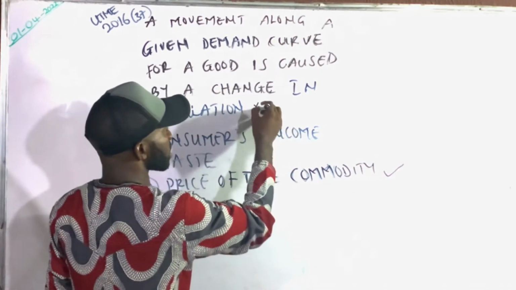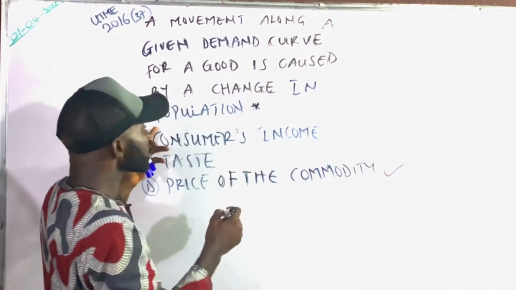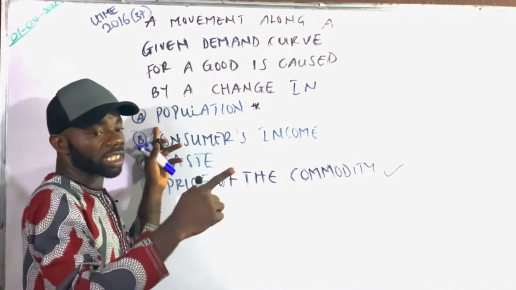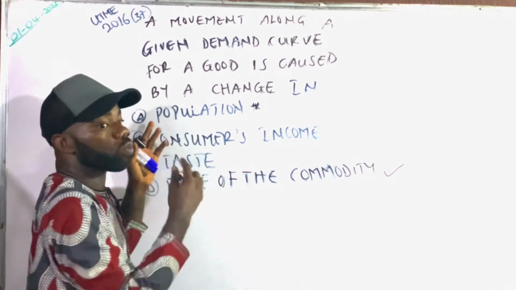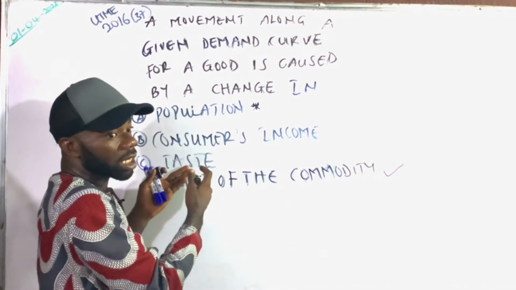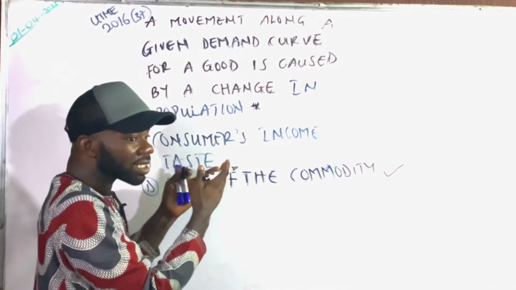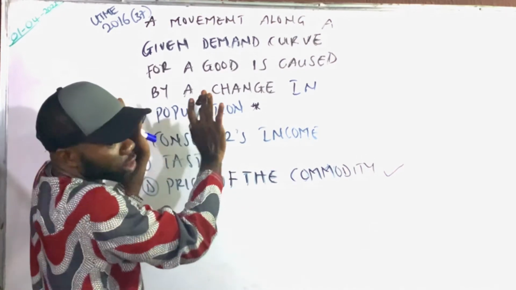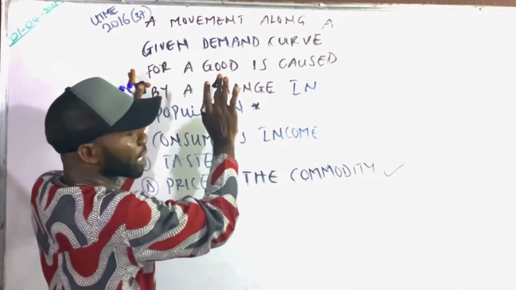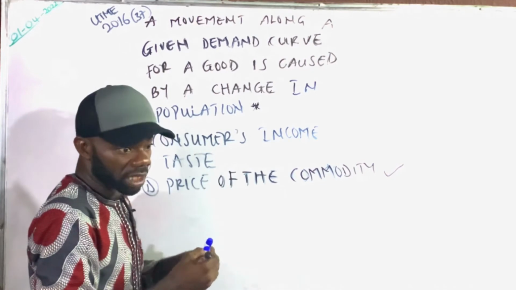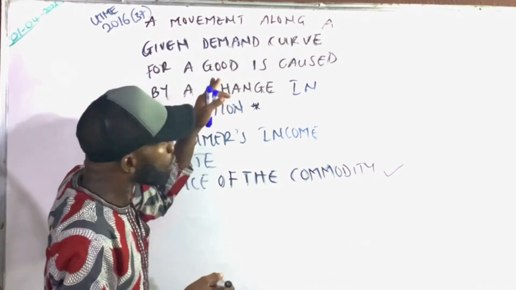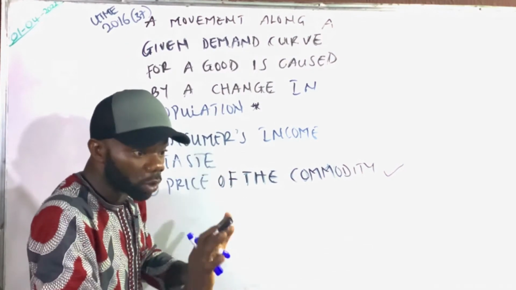This cannot be your answer, population. Why? Because this is a part of the other factors affecting demand, which happens to be the determinant under what? Change in demand. And that's not what the question is talking about here. Because change in demand has another name called shift in demand. Movement along the demand curve is another name for what? Change in quantity demanded.